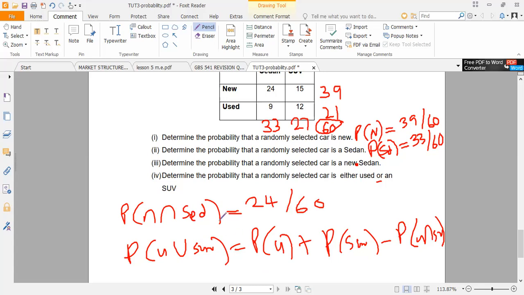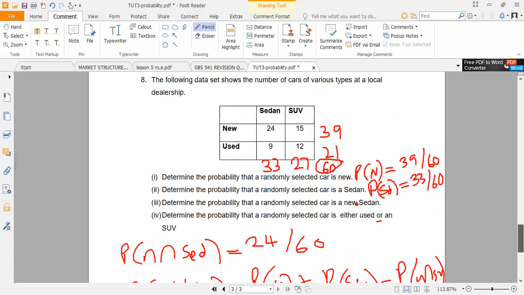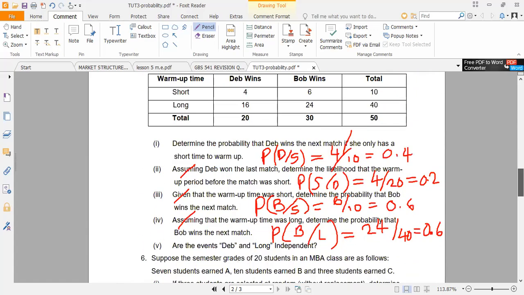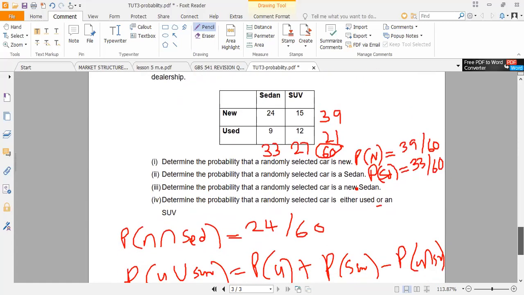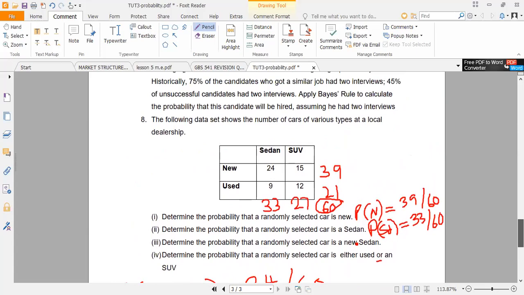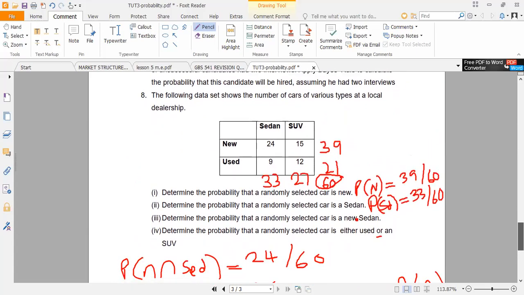So that will be your homework. The homework will be question number 4 and question number 5. You leave the answers in decimal. Can I have that by tomorrow? Sorry, what are the questions for the homework?